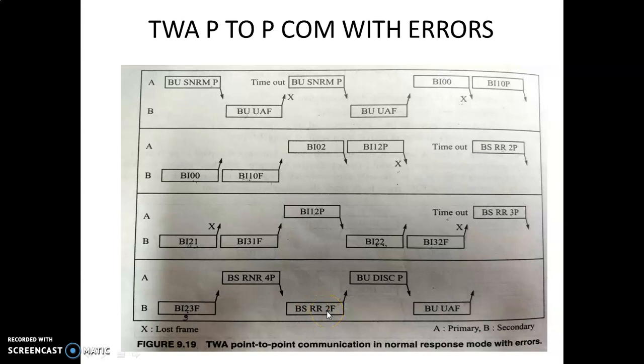Then A disconnects when it receives this frame from B. It sends an unnumbered frame with disconnect with P bit equal to 1, and B responds with an unnumbered acknowledgement with F bit equal to 1, and this is how the link is terminated. So this was two-way alternate point-to-point communication with errors.